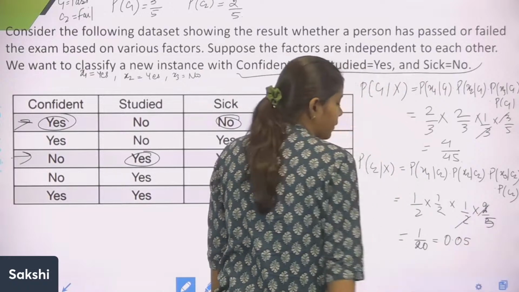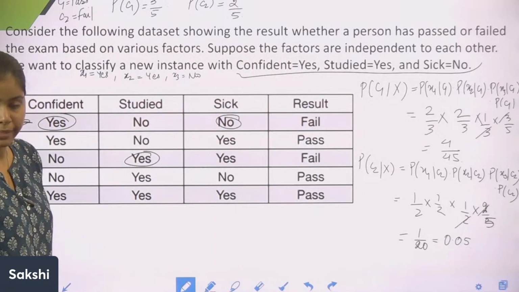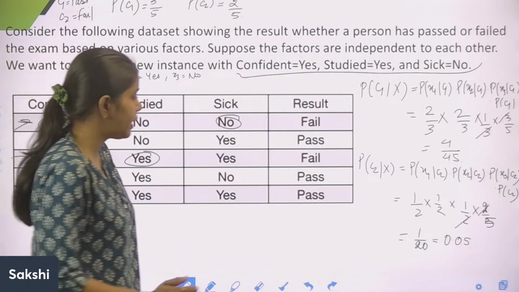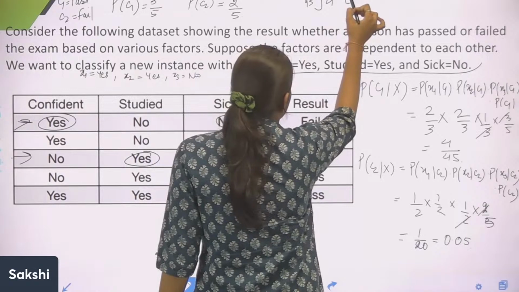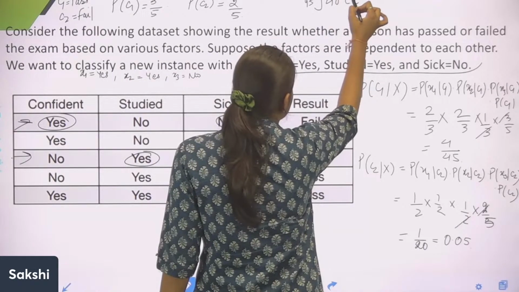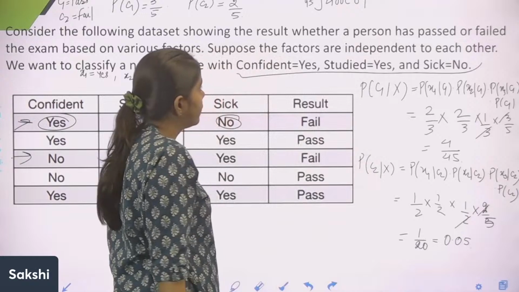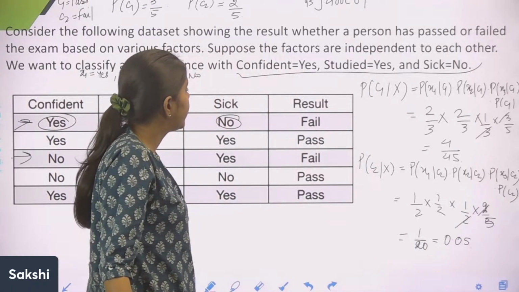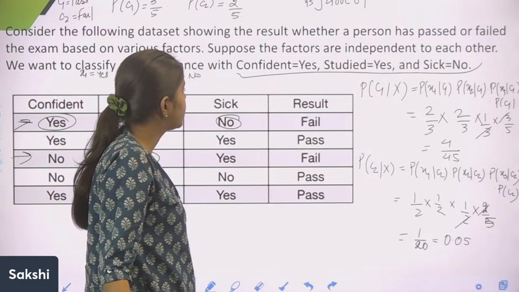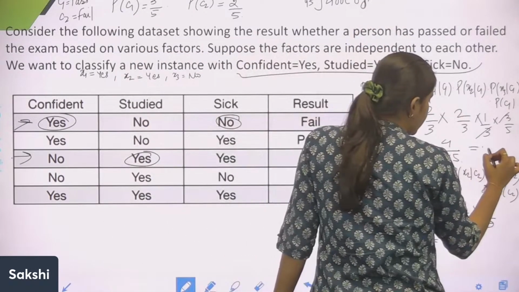So we get the probability 0.05. This would be the probability 0.05. And if I divide 4 by 45, we get about 0.09, 9 fives are 45, 9 fours are 36, so something like 0.08.